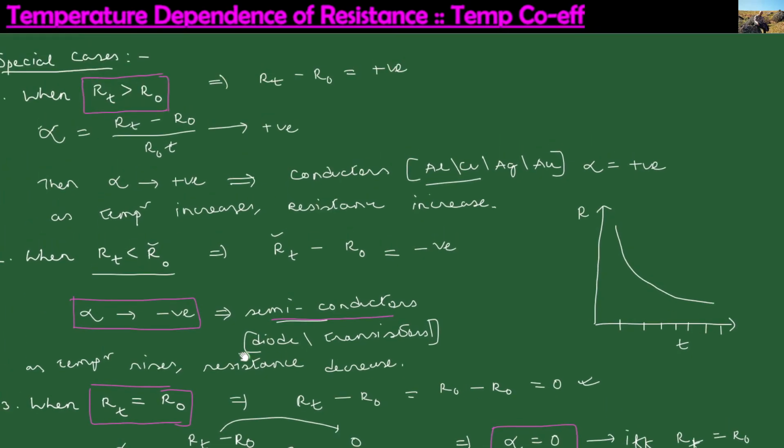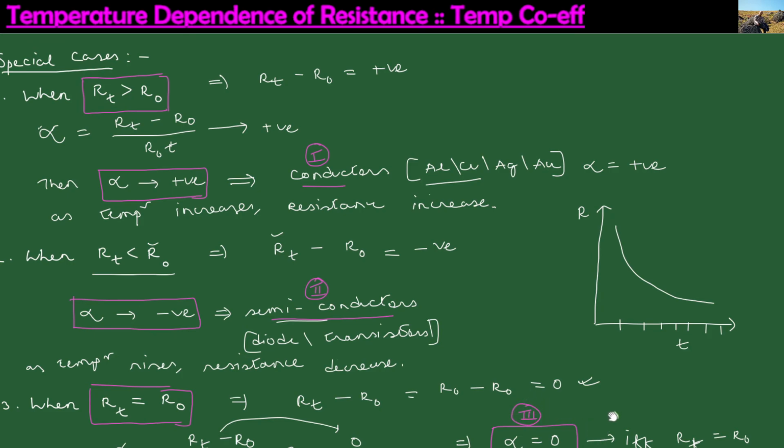And materials whose temperature coefficient of resistance is positive are known as conductors. So these are the three types: on the basis of alpha, we can categorize materials into three types, conductors, semiconductors, and insulators.